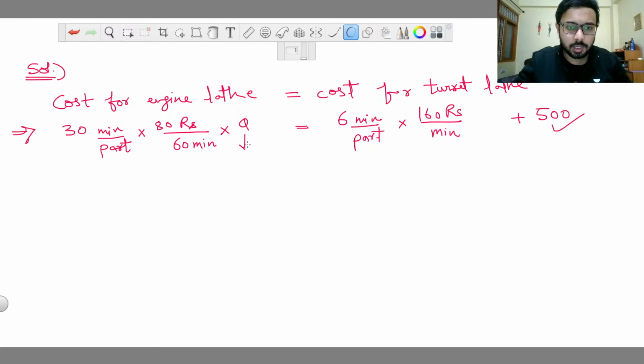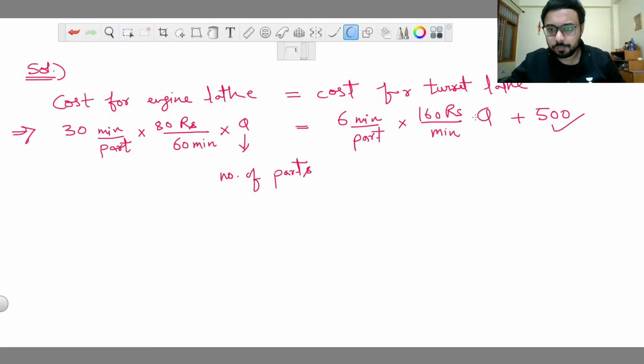So Q is the number of parts we are producing. You have to find the number of parts after which the turret lathe becomes the more economical one.